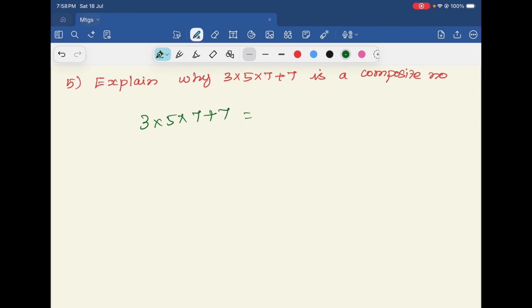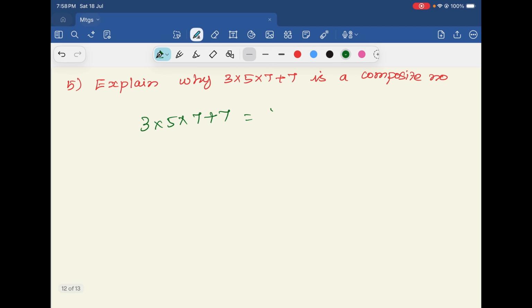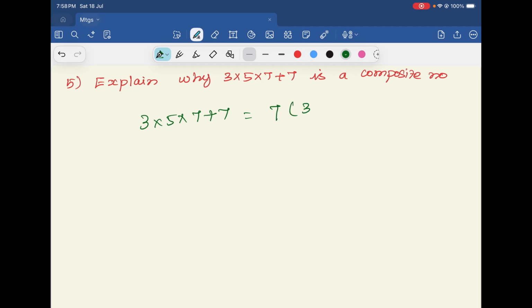I take 7 outside, so it is 7 into 3 into 5 plus 1. Now 3 fives are 15 plus 1, 16. So 7 into 16.